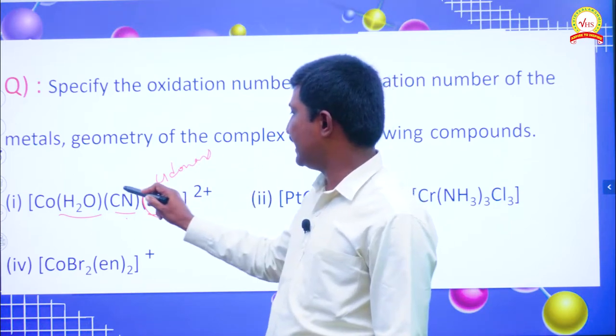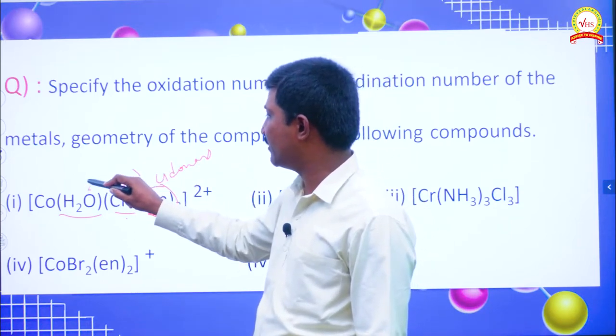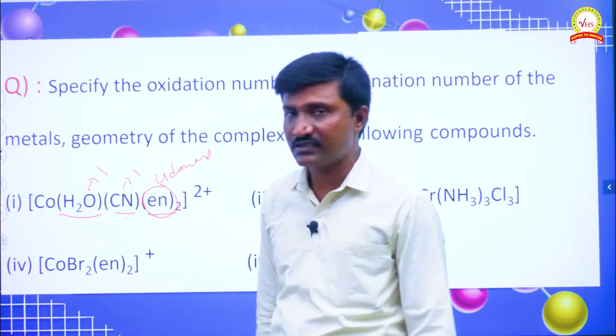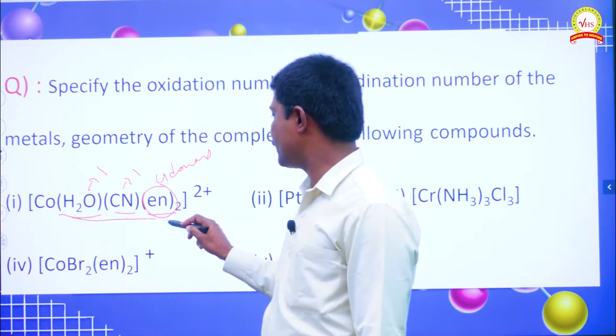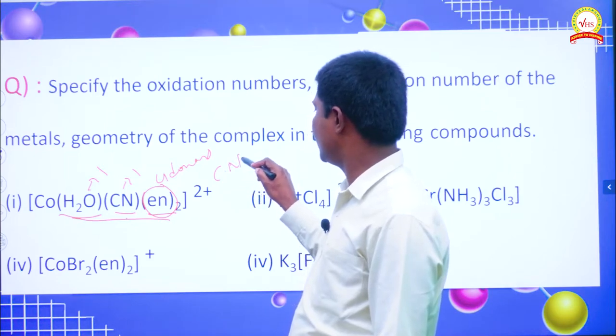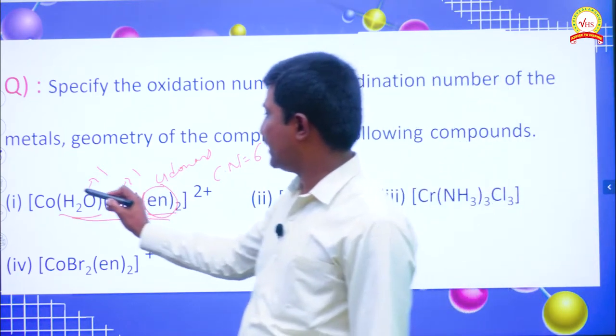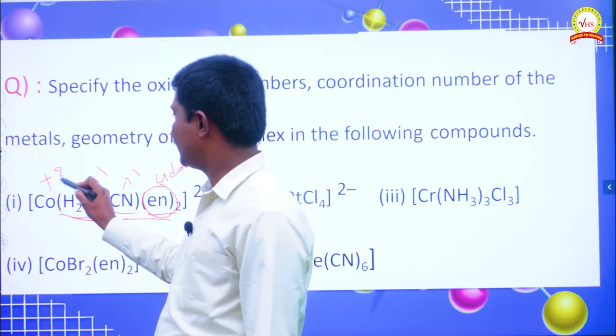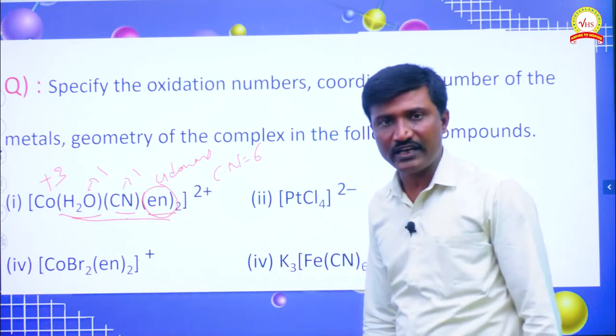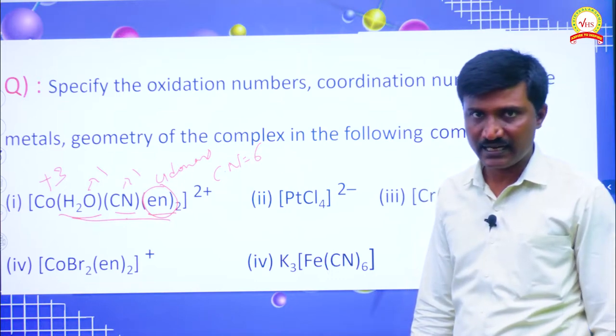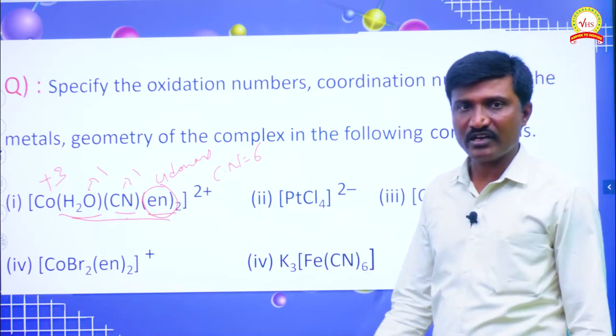Here 1 donor atom and here 1 donor atom, so collectively it gives 6. So the coordination number for this one is 6, and the oxidation number is plus 3. That we have to calculate based on the charge of the ligand, which we will see after nomenclature.